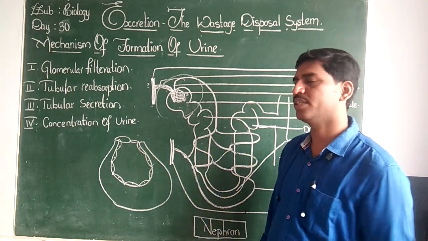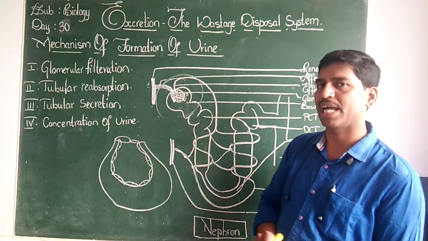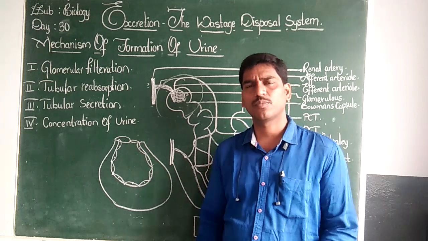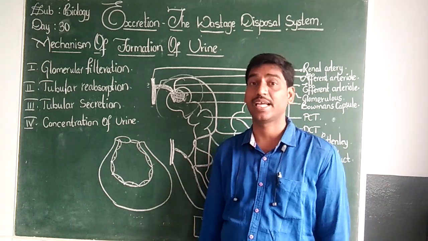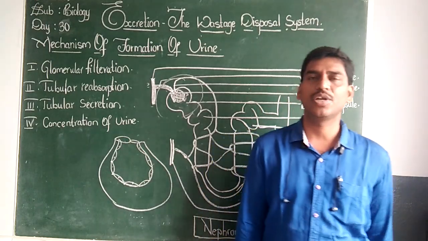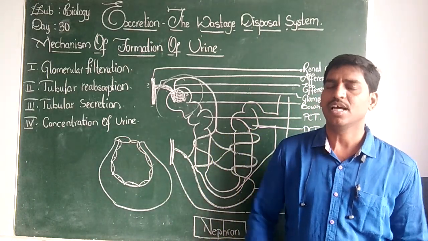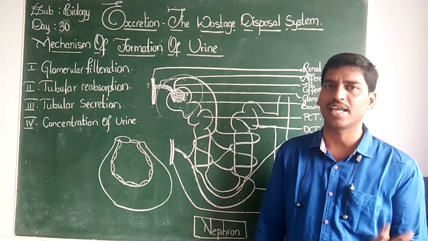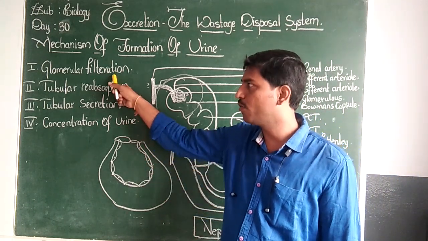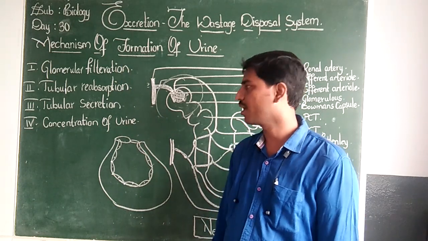If we want to describe the difference between primary urine and blood, the composition is the same, except that blood has RBC cells but primary urine does not. The remaining composition is the same. So this is about glomerular filtration. Clear?